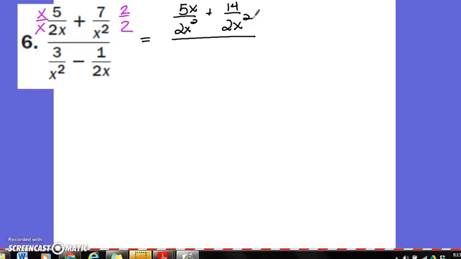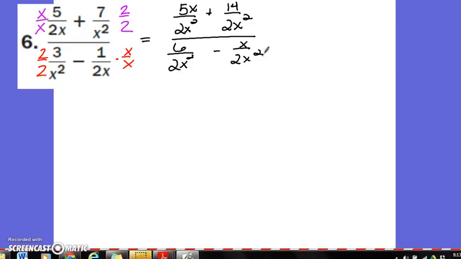Looking at the denominator, we also need to get common denominators in the bottom part of the fraction. And it happens to be the same denominator as the numerator used. So we're going to multiply the first one by 2 over 2 and the second one by x over x. That's going to give me 6 over 2x squared minus x over 2x squared.